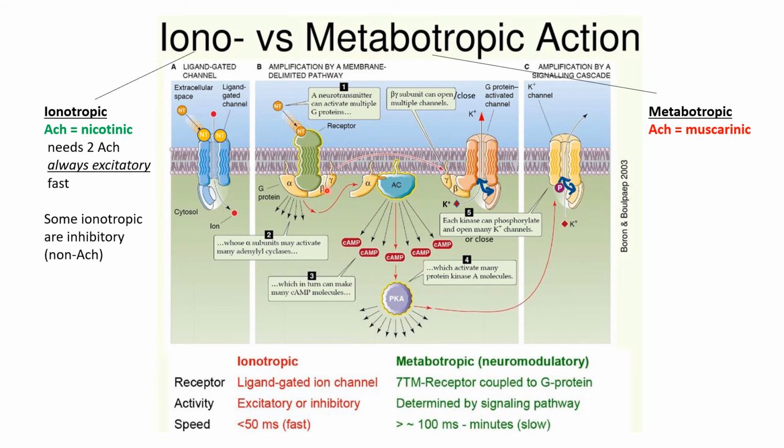The other way is that the beta gamma subunit can just go directly to another protein channel and activate that one. It may either open or close those channels depending on the scenario in the cell. In this case, it's opening this channel, so it's allowing, again, potassium to leave, which is going to inhibit the cell.